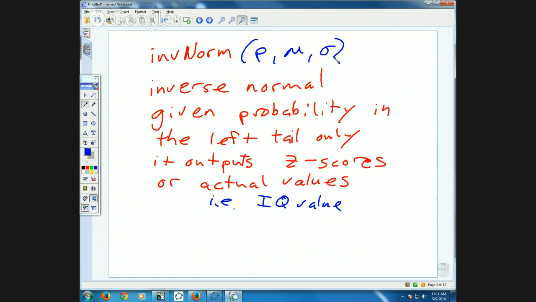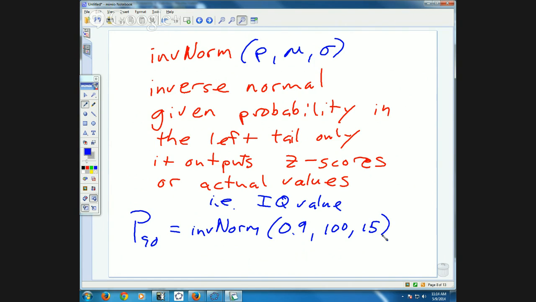So if we want to know what IQ score marks the 90th percentile, then I would use inverse norm. P is 90%, so 0.9. Mu is 100, sigma is 15, and we see what it gives out.